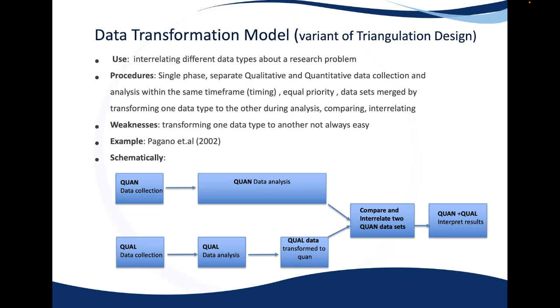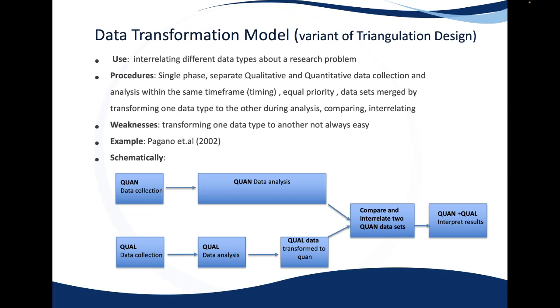So you've started off with the separate qual and quanti data collection approaches, but your analysis frameworks transform one of the two approaches so that it is much more similar to the other. And that happens when you have differently weighted mixed methods research.